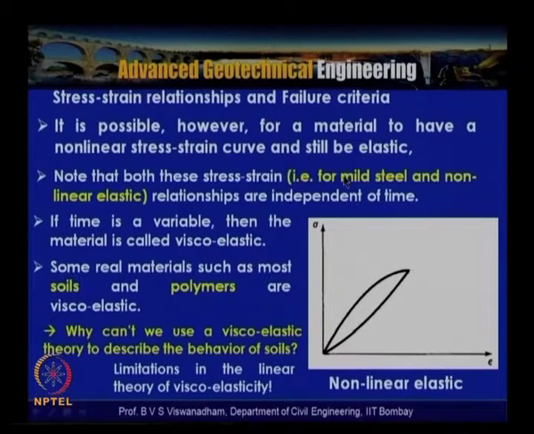Now let us also consider that we also have non-linear elastic variation. The stress strain variation can be non-linear. It is possible for a material to have a non-linear stress strain curve and still be elastic. Note that both these stress strain relationships, of mild steel and non-linear elastic, are independent of time, and if time is a variable then the material is called viscoelastic.